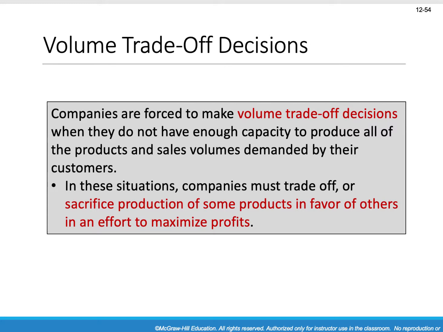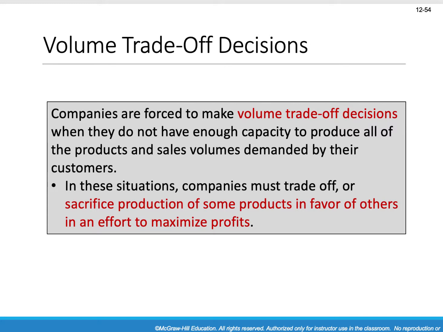So if we have 8 people walk into the hospital, there's a volume trade-off at that triage nurse. That could be where we get the most bang for our buck, so to speak.